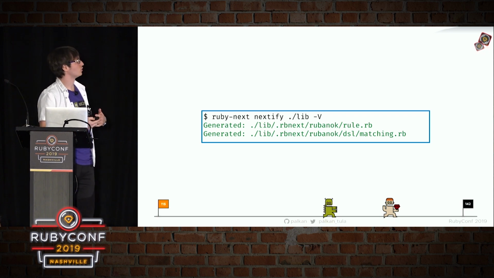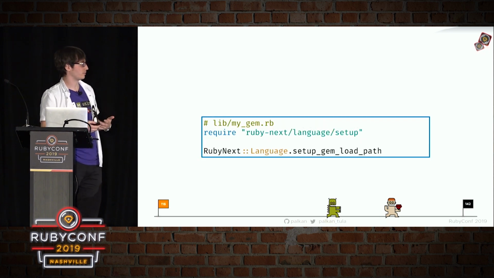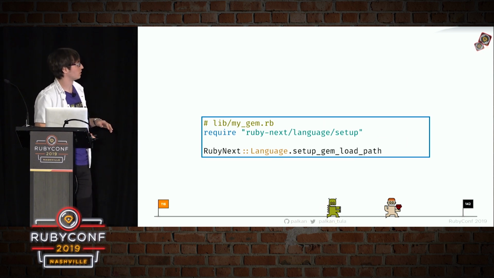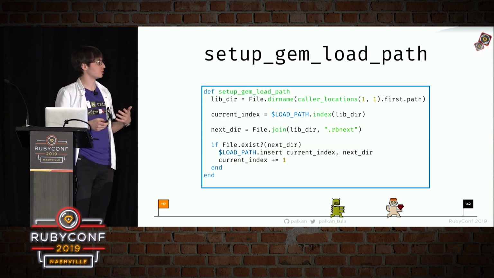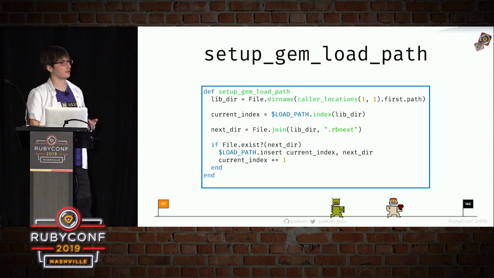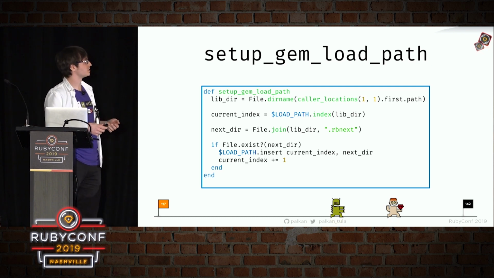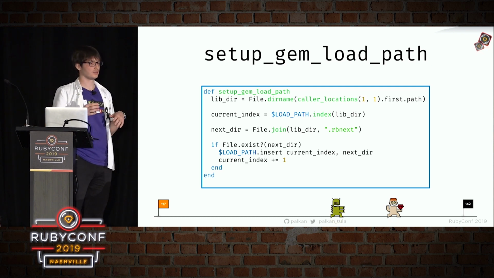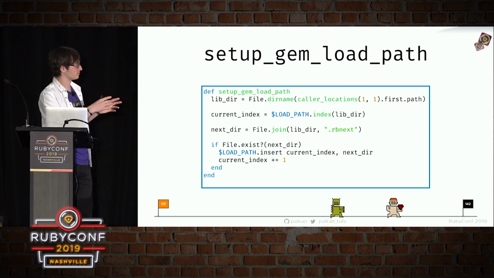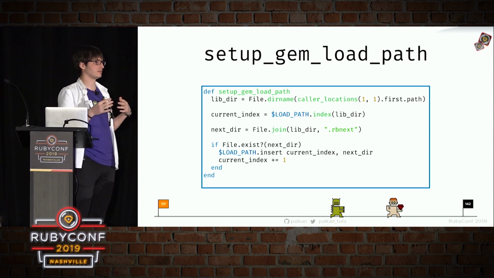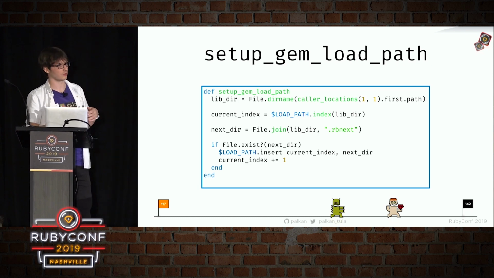And then in the entry point of your gem, you only need to call this method, setup gem load path, probably too long, which again uses the knowledge about the load path and does the following trick. So it detects the current Ruby version, detects the corresponding rbnext folder with the transpiled files, and adds this folder to the load path before the original library folder.